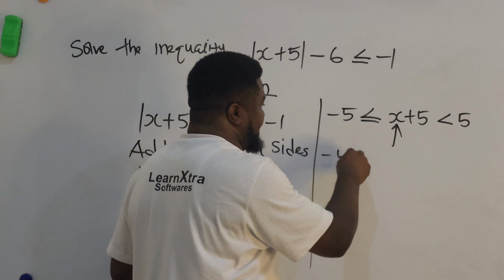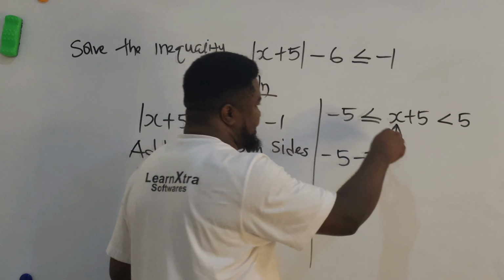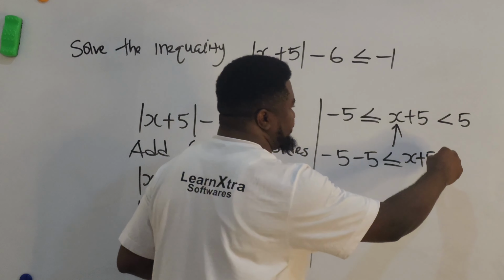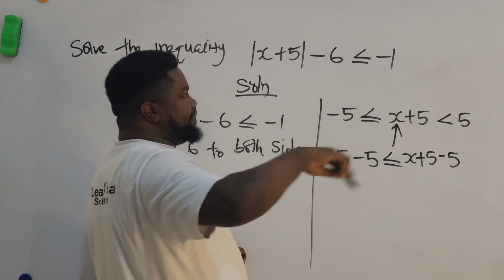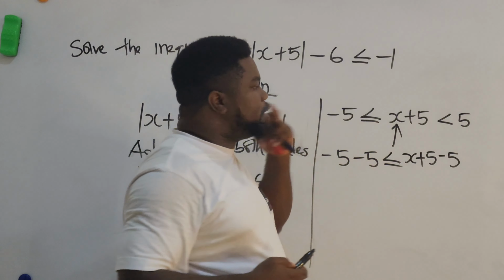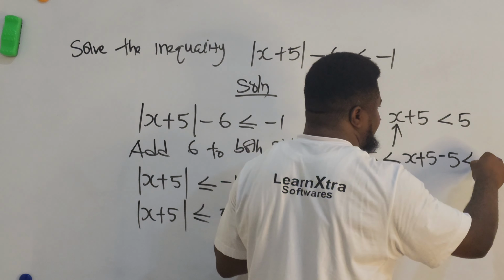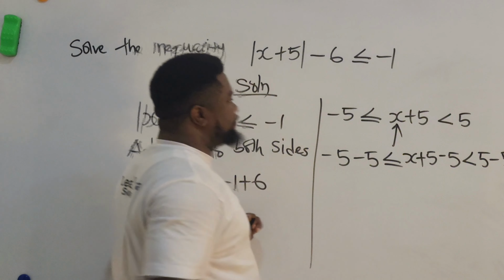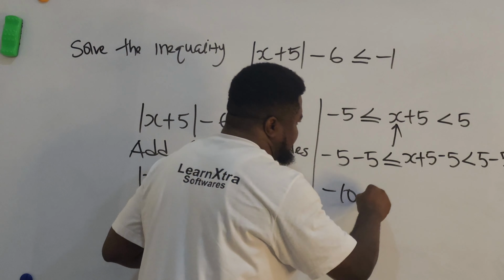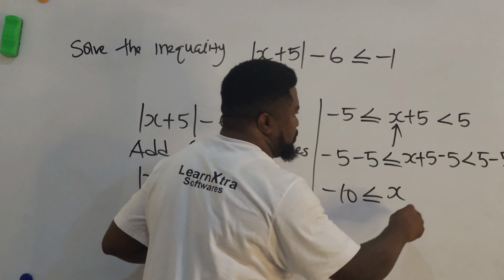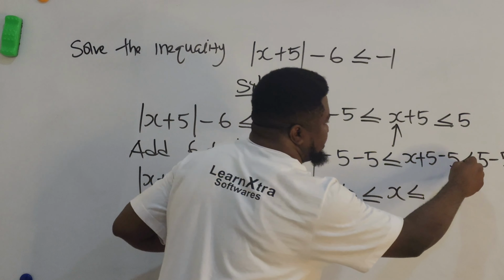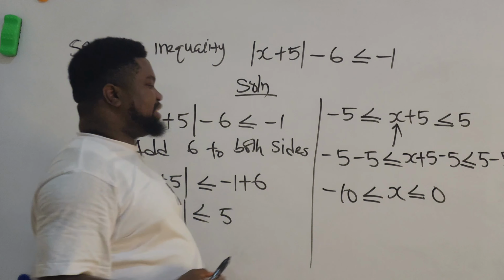So I have minus 5, minus 5 again, is less than or equal to x plus 5 minus 5, less than or equal to 5 minus 5. We are subtracting 5 everywhere so that we can have x stay alone. This will give us minus 10 is less or equal to x less or equal to, please include this, 0. That's the answer.